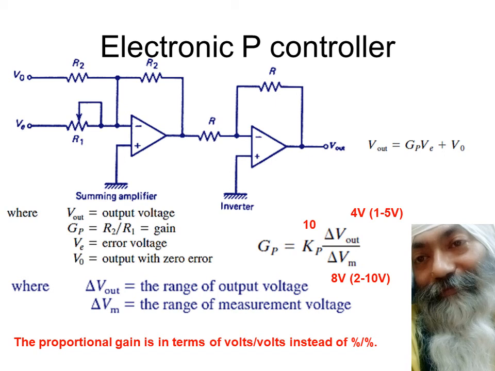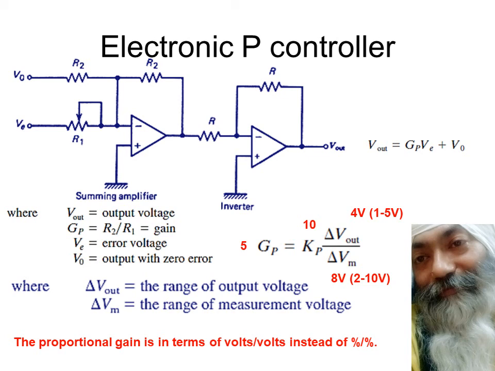So here you see, once you go in for these simple multiplications, you will find the value of GP comes out to be 5. So putting the gain of 5 over here with these kind of ranges available is effectively going to give you the value of Kp equal to 10. Or conversely, to get the value of Kp equal to 10, you have to effectively design your R2 upon R1, GP, keeping this GP equal to 5 and not equal to 10.